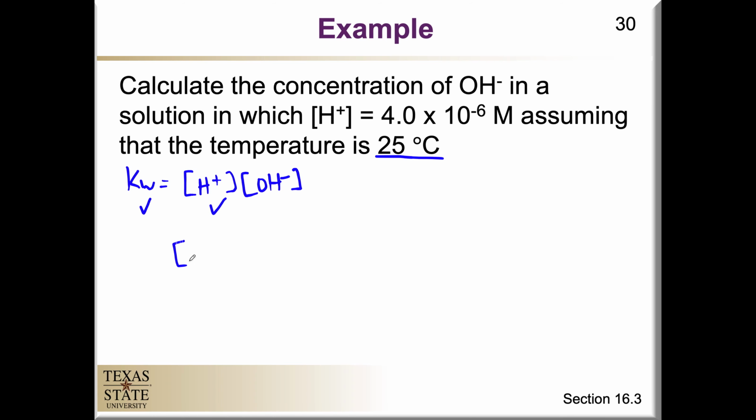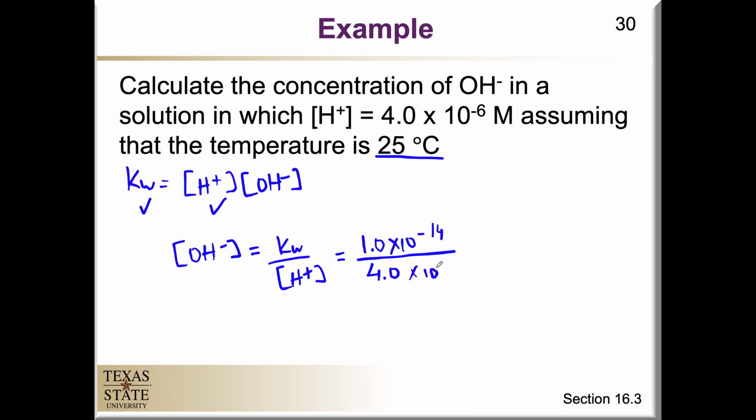All that we have to do is to solve for the hydroxide ion concentration, which is going to be equal to Kw divided by the hydrogen ion concentration, and that's equal to 1.0 times 10 to the minus 14, that's my Kw, divided by the hydrogen ion concentration, which is 4.0 times 10 to the minus 6.